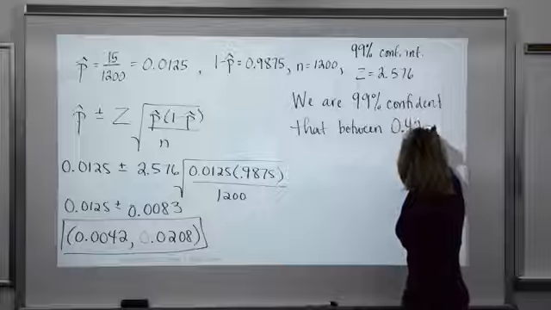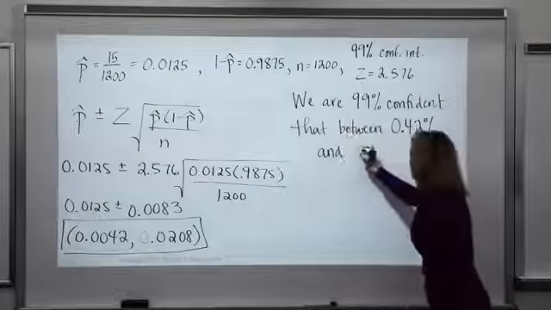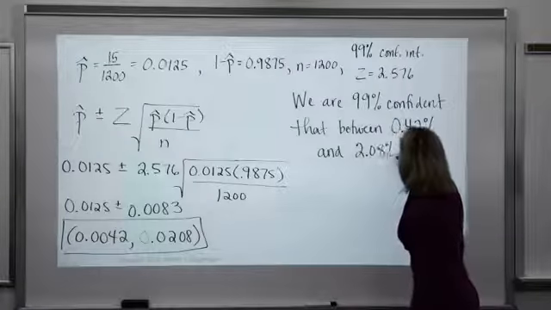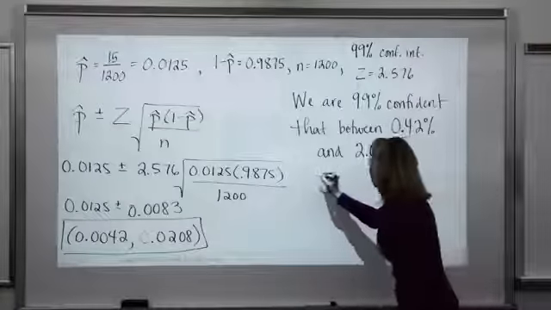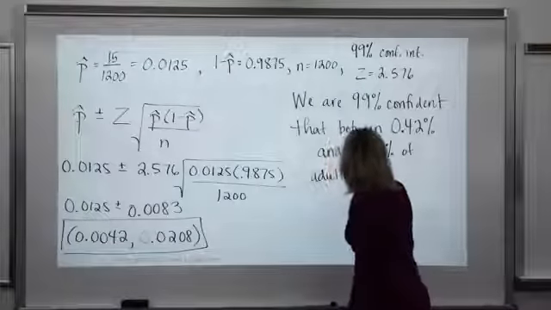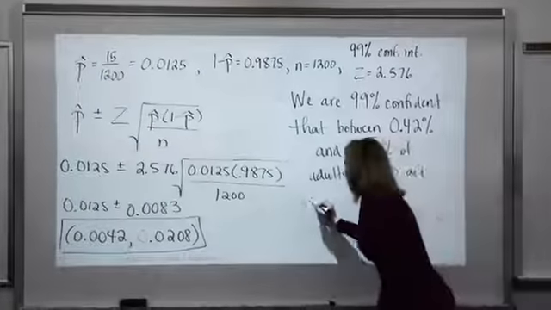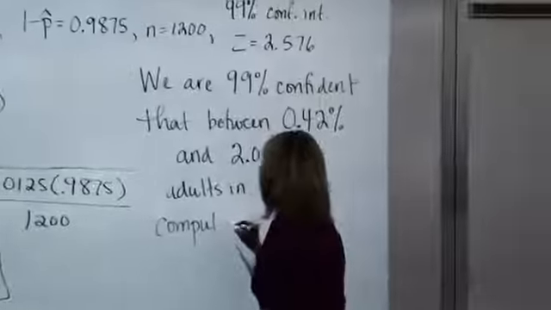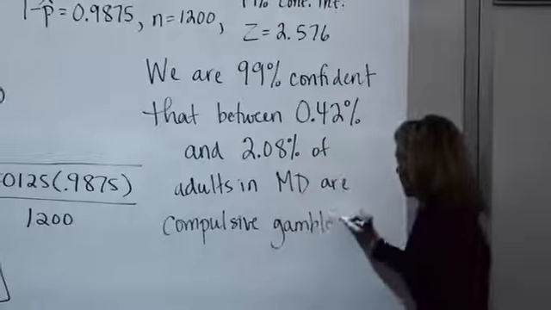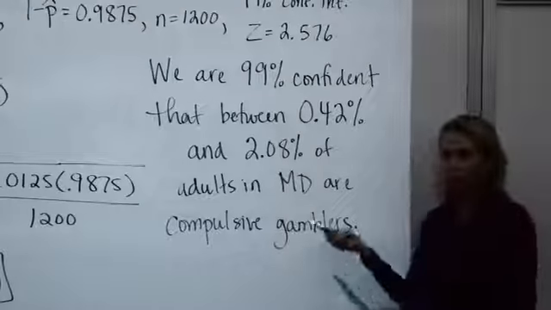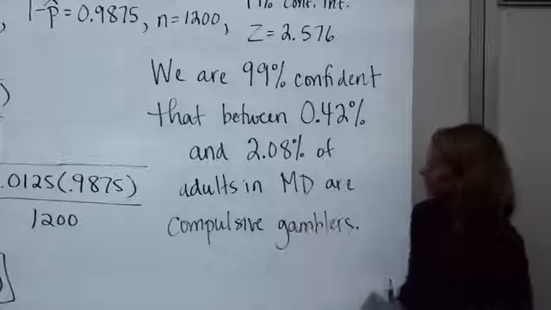That between 0.42% and 2.08% of adults in Maryland are compulsive gamblers. So we'll always end a confidence interval by interpreting that so that we know what did we just find.